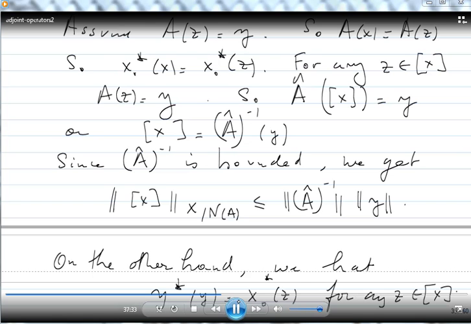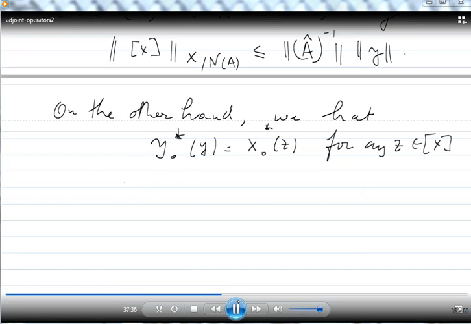So the absolute value of y0 star of y is less or equal than the norm of x0 star times the norm of z, and this is for any z in the class.